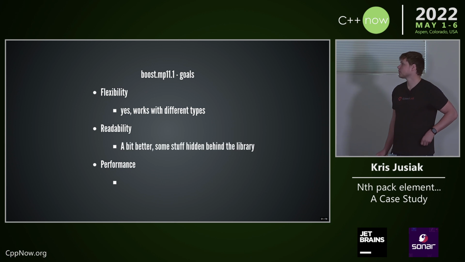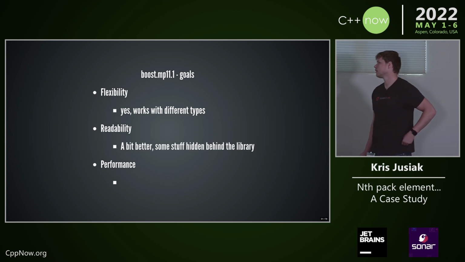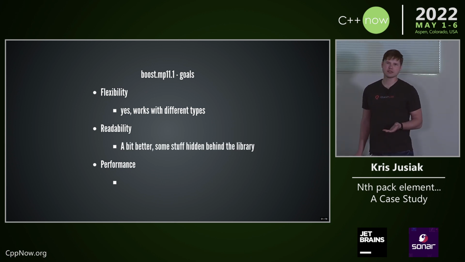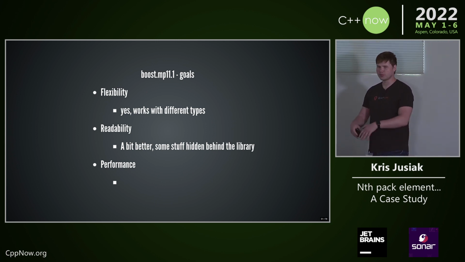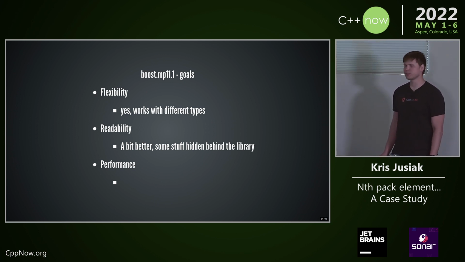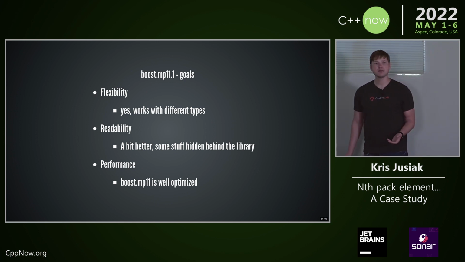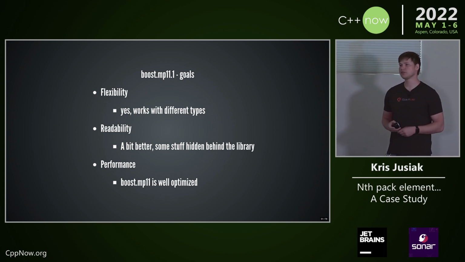Works with different types. I would claim that it's a bit better because we use some library features, so at least some part of the code might be understood by other developers. But then they go on to the other part. And MP11 is well optimized. As pointed out before, it's one of the fastest to compile libraries when it comes to type space.